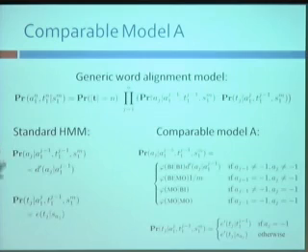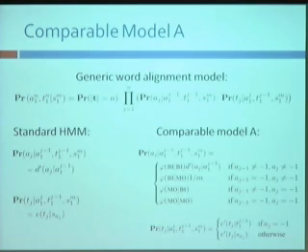In practice, the standard HMM says that the probability of landing in state A sub j is conditioned only on the prior state, and the probability of generating word T sub j is conditioned only on the source word that it was aligned to.